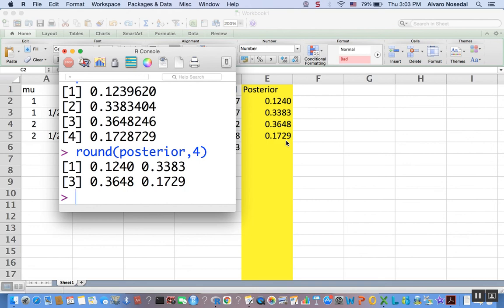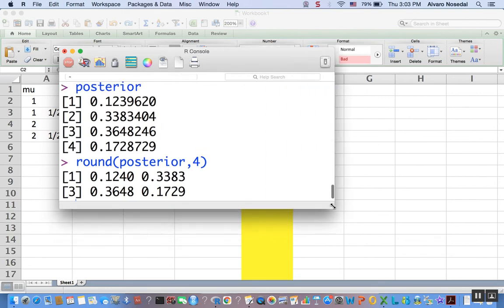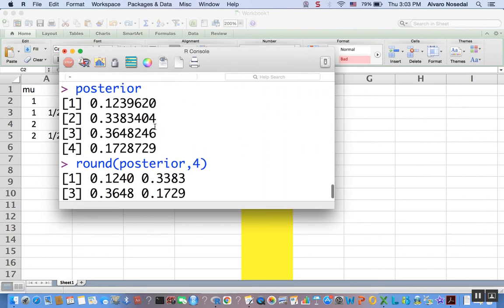So, clearly, from our table and from what we did using R, the value with the highest posterior probability is this one, mu 3, which is 2. So based on our analysis, the model that is more likely to have produced the data is Poisson with a mean of 2.